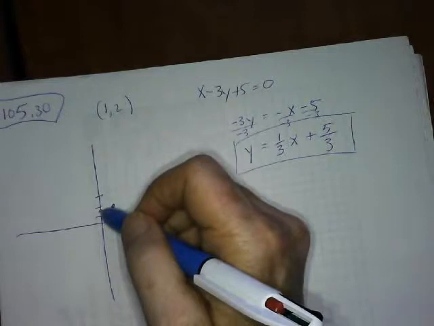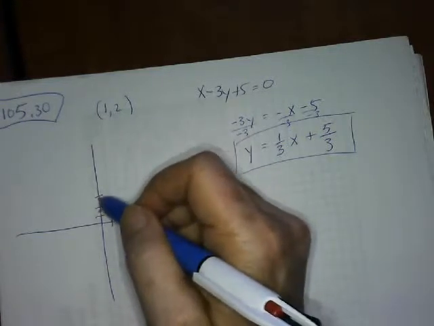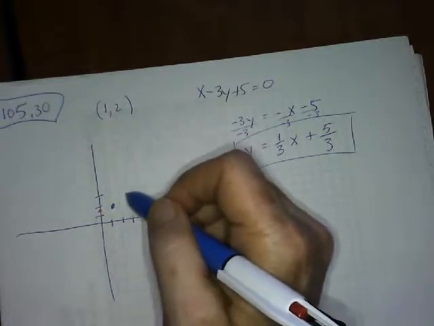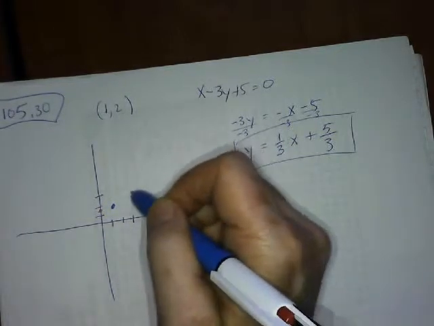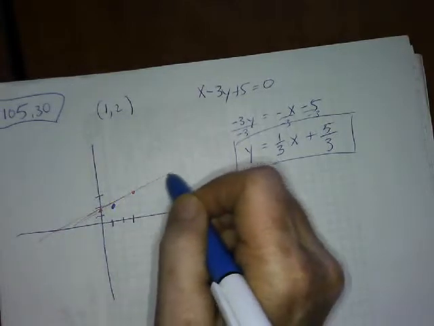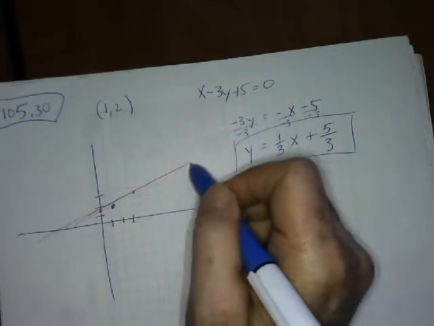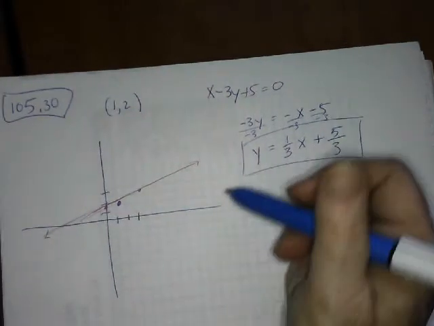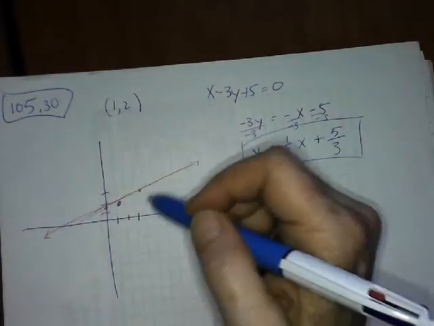Up 1. Over 3. And I shouldn't, oh, it's one of those ones where it's going to look like they're super close to each other, aren't they? Okay, so I don't know if you can see colors in this, but the red line.